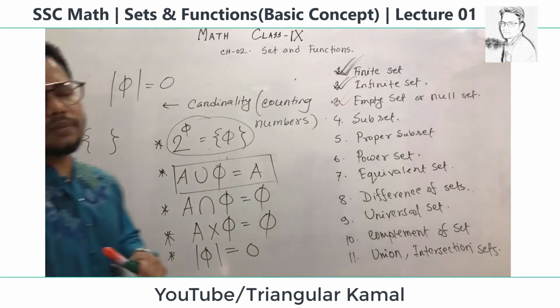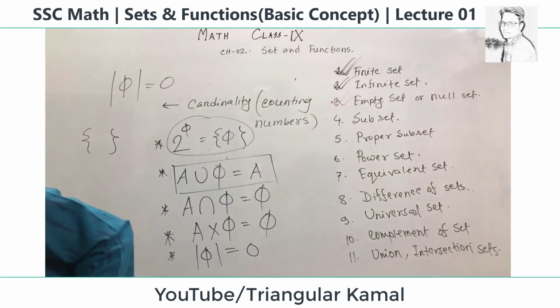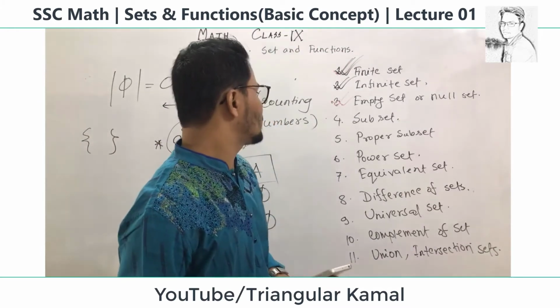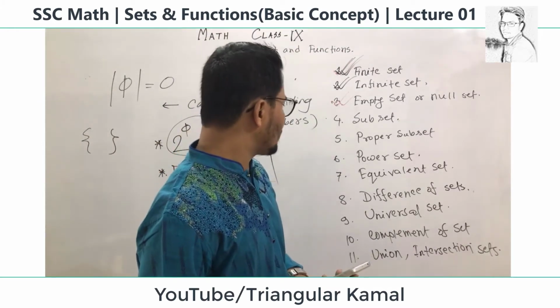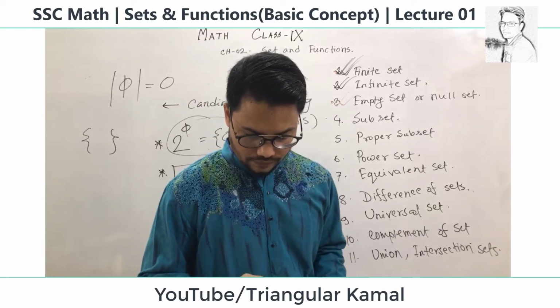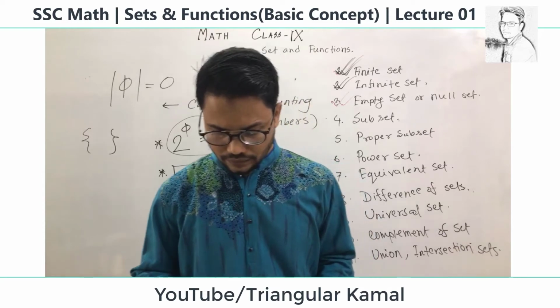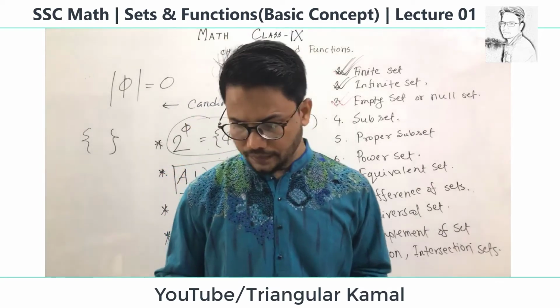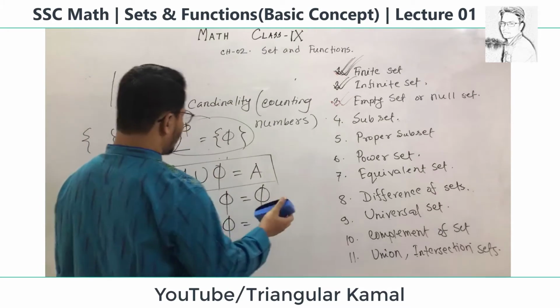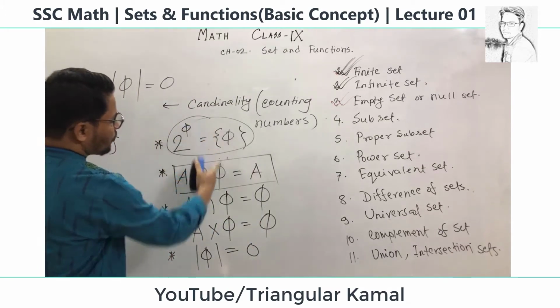Please let me know if you have any more questions. I think we are going to start the next topic: subset, proper subset and power set. Thank you sir, it's clear. Okay, inshallah, these are the properties of the empty set.